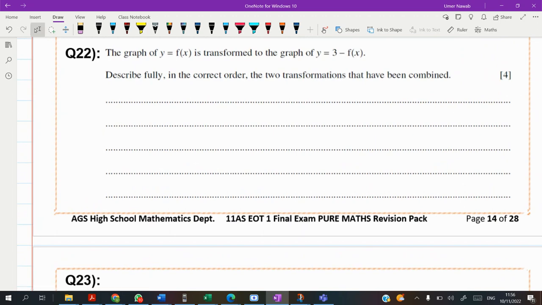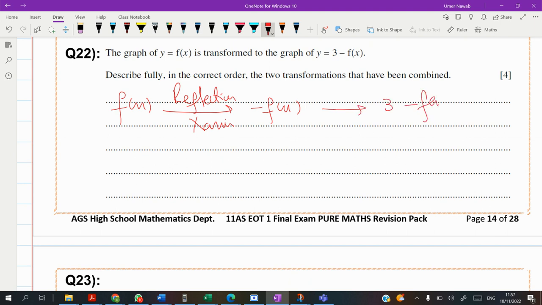Question number 22. He gave you 3 minus f of x. So first from f of x you go to minus f of x. So when you go to minus f of x, this is a reflection about the x-axis. And then after that you add 3 into it. So this is translation, basically vertical translation.